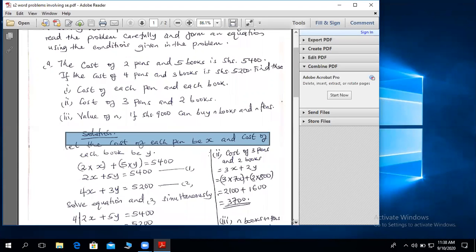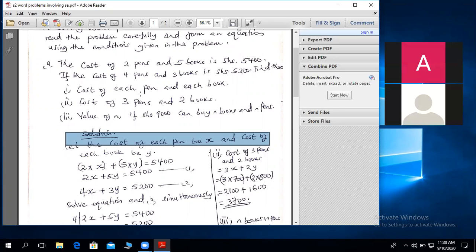Everyone can do that. Let the cost of each pen be X, because that's what the question is asking you. You don't know the cost of the pen, and you don't know the cost of the book. But the question tells you that if you have 5,400, you can buy 2 pens and 5 books, but you don't know their cost. So what does that mean?